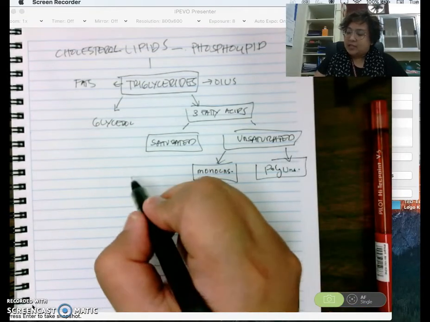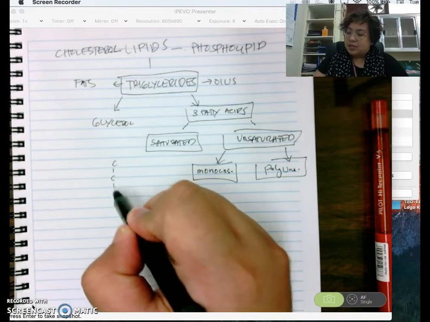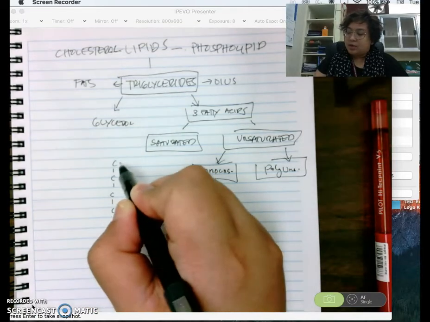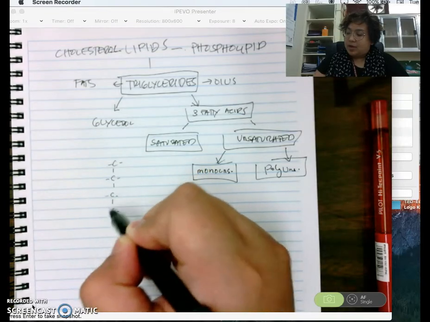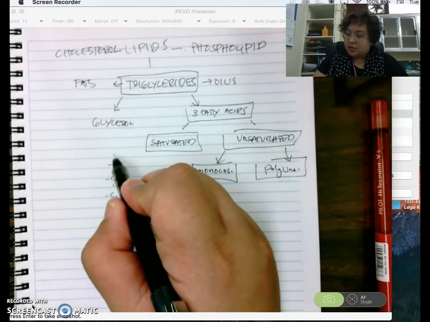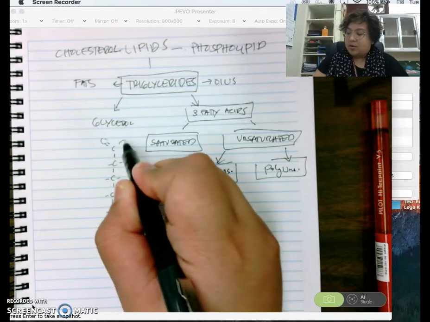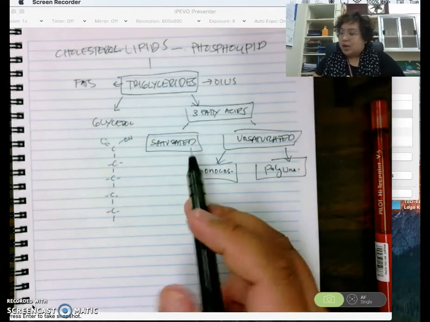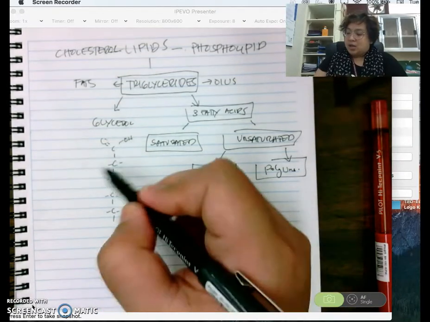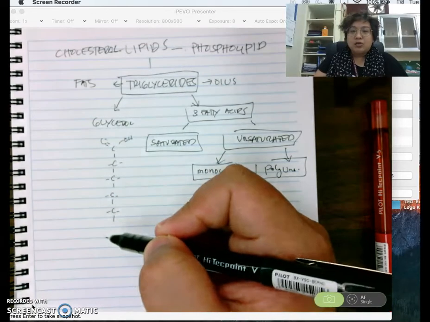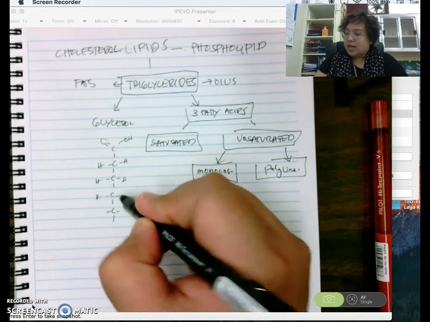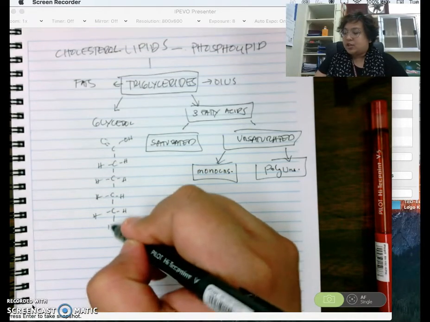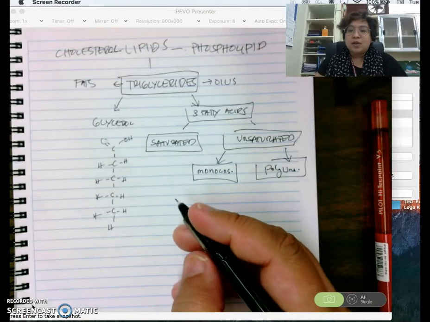Your fatty acid structure, we call it a hydrocarbon, so it's basically made up of carbon and hydrogen. So all corners are hydrogen, and you end it with a carboxylic end. Saturated means this molecule is saturated with hydrogen. So there's nowhere I can add another hydrogen. It's all completely filled up with hydrogen.